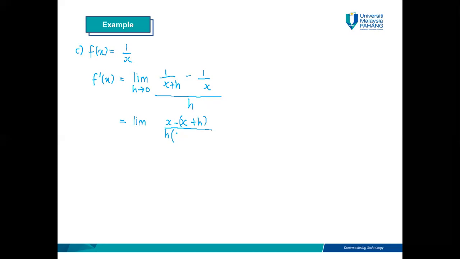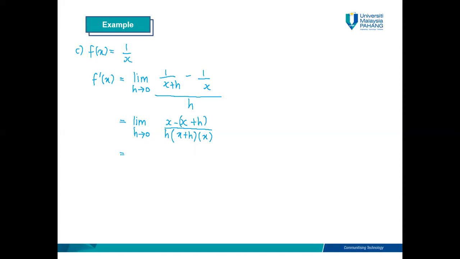okay, x plus h dengan x. Okay, so dia aja when h approaches to 0.